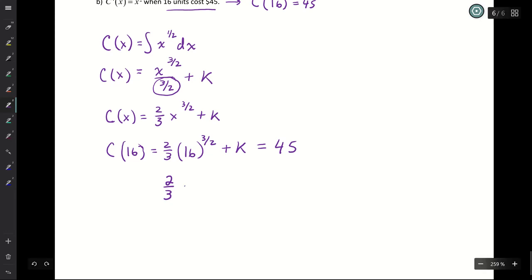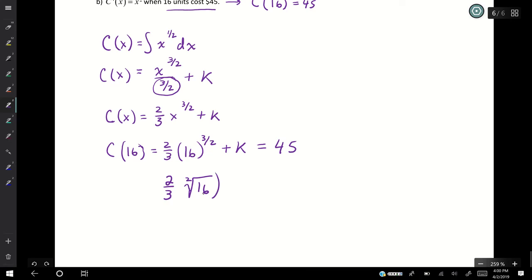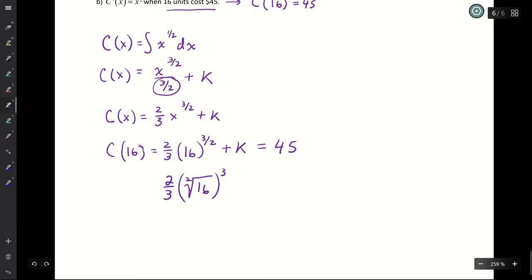So that's actually going to be the square root of 16. And then we can either raise 16 to the third underneath the root, or we can say that this entire thing is raised to the third. That would be easier in this situation. If we raise 16 to the third, we're going to get a large number. But if we take the root of 16 first and then raise that to the third, that's going to be easier to deal with. All right, we still don't know k, but we know this is 45.